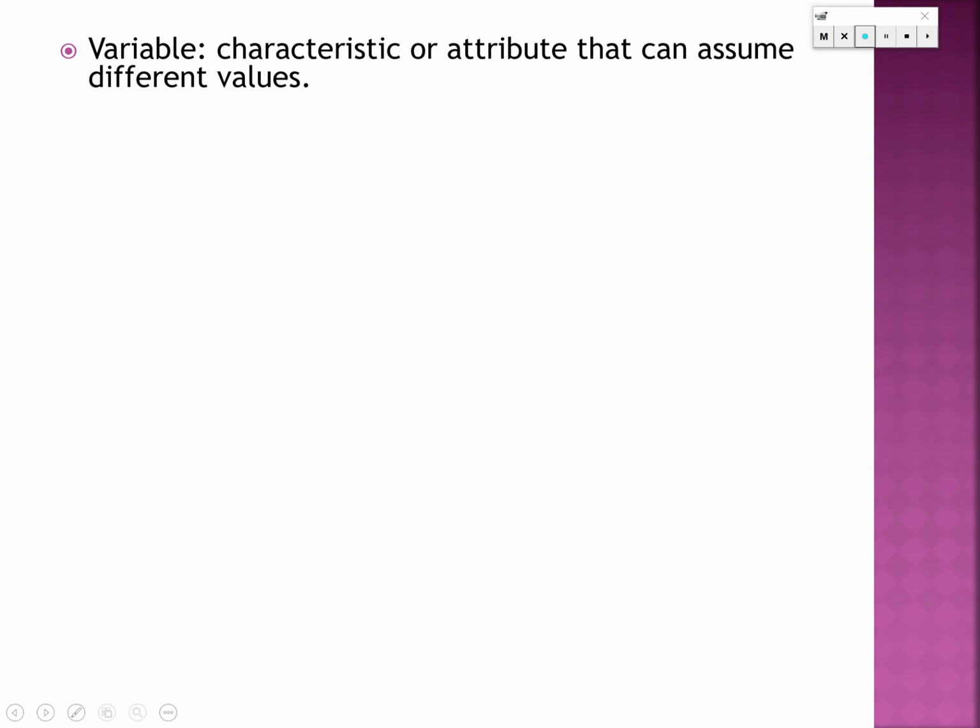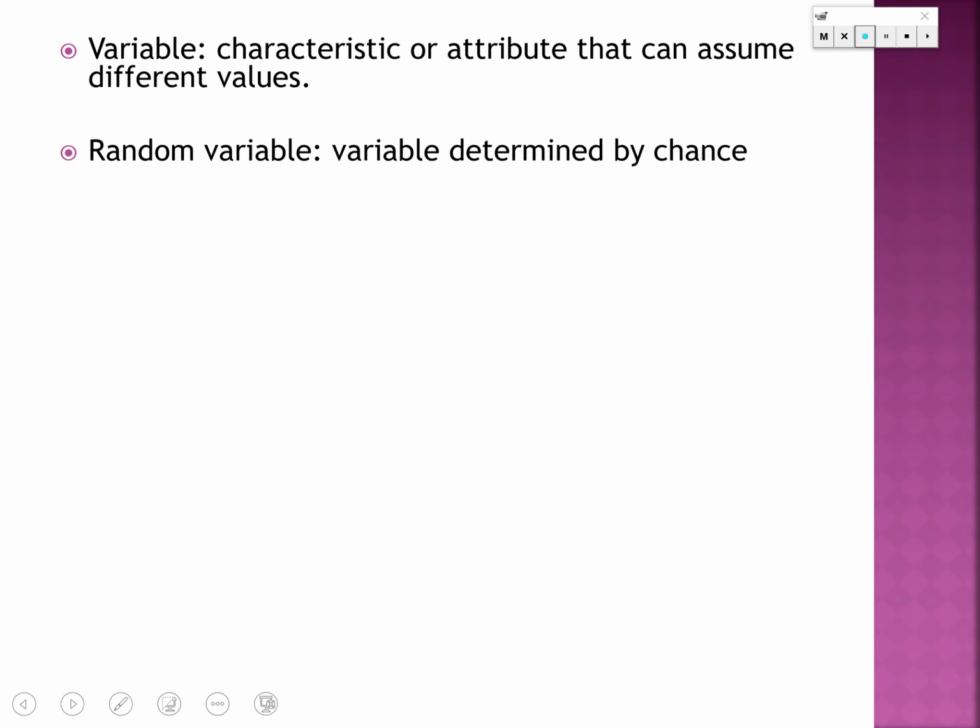When we defined inferential statistics, we talked about comparing or finding relationships between variables. A variable is just a characteristic or an attribute that can assume different values. So it might not necessarily just be that we're looking at a variable being X or Y. A variable could just be something such as eye color. A variable could be your height. It could be your weight. It could be letter grades in a class, whatever it happens to be. So we're not just talking about X or Y equals.